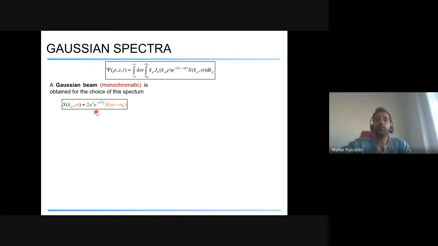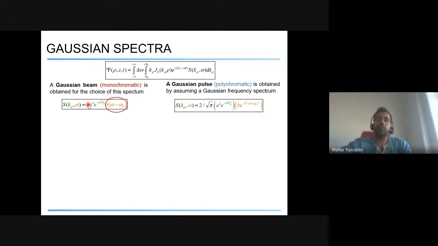If we enforce this arbitrary spectrum in this equation, we can get a closed form expression for the psi function that we will see in a while.